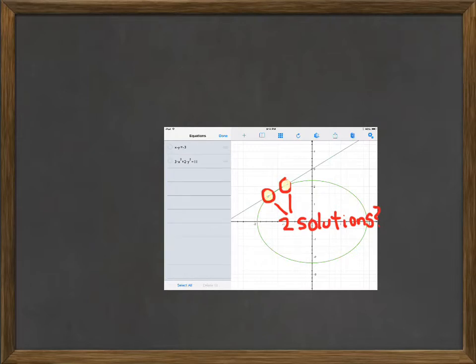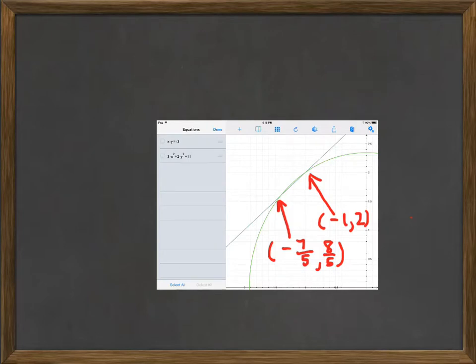We can't quite tell unless you zoom in a bit, but if you do zoom in, you see that at negative 1, 2, there is a solution, and at negative 7/5 or negative 1.4, comma 8/5 or 1.6, there's another solution. So the graphing supports the algebra.